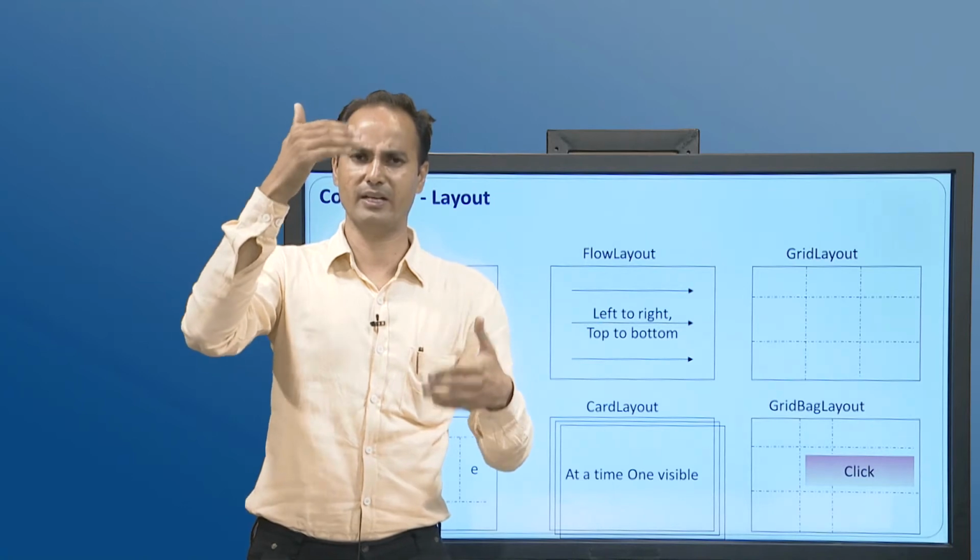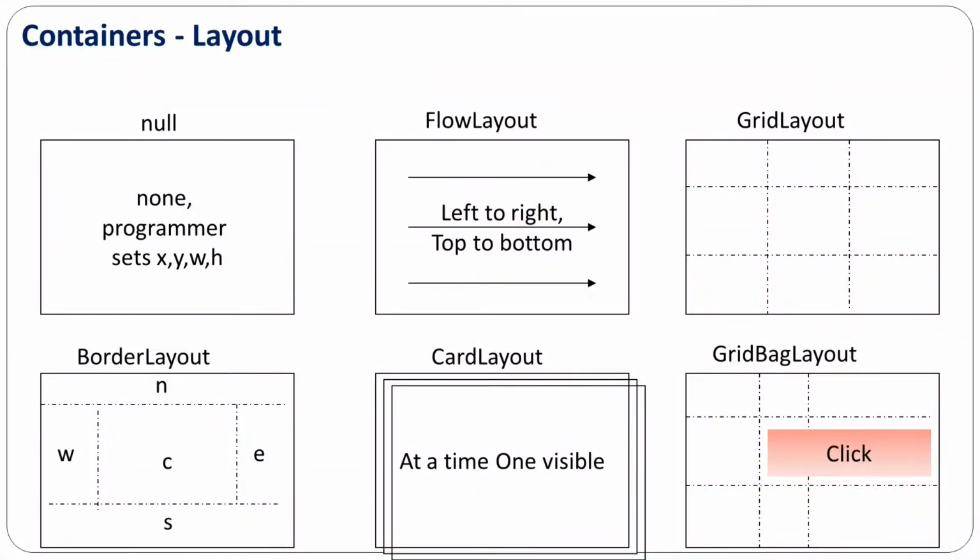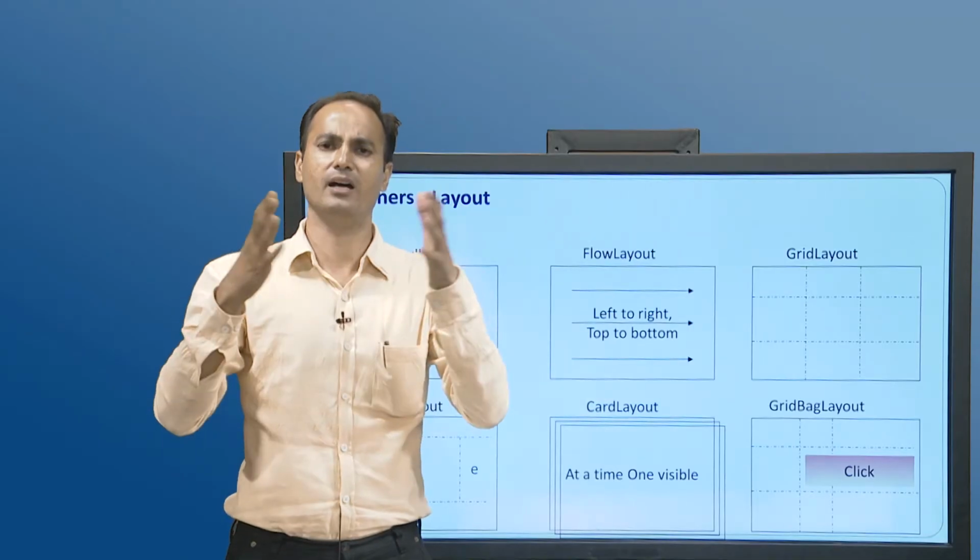When you add a component, it is added to the topmost left corner, then next to that, until it reaches the topmost right side, and then it moves to the left side of the next line. This is all about flow layout, the default layout, from left to right and top to bottom.